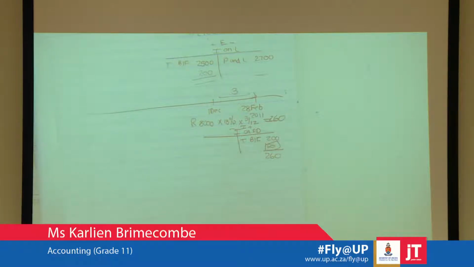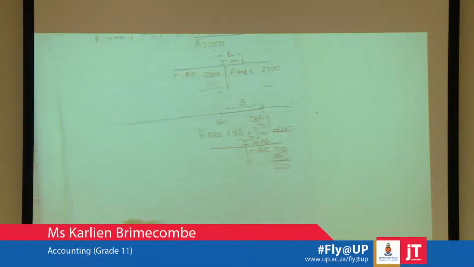You should know immediately, where do I need to take it? To the note. Where in the note? This is why you need to know the formats. And I'm going to show you how to learn your formats for the note. Yesterday I said to you, what is a partner entitled to?